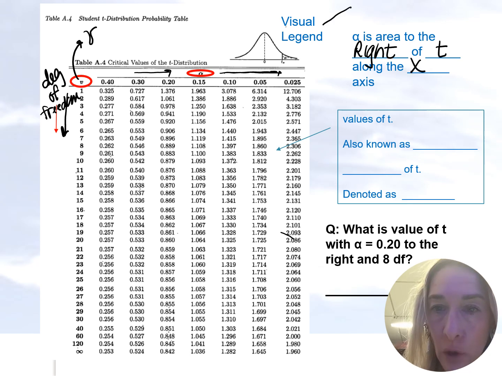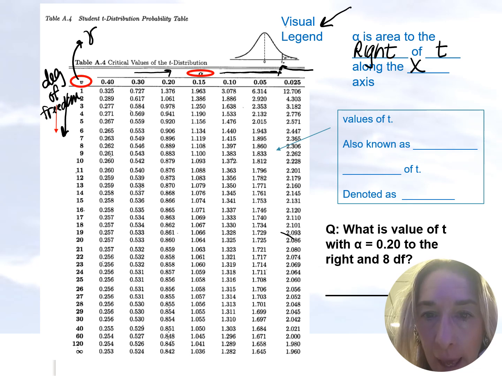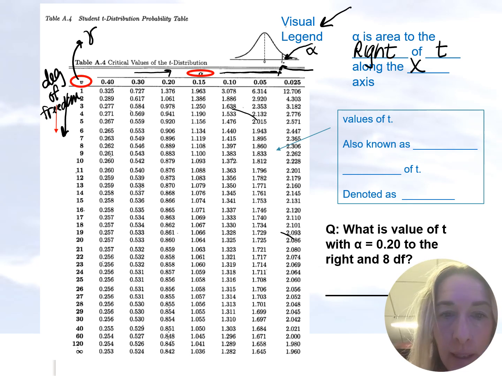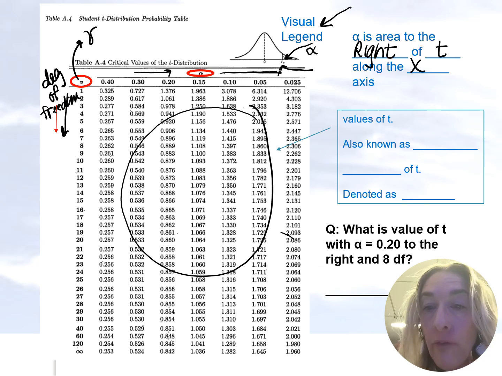Let me draw your attention to the visual legend, which when you're using any of these tables, you want to take a look at first. You can see from the visual legend, there is t that sits along the x-axis, and alpha is the area under the curve that's shaded to the right of t. In the middle of the table are actual values of t.